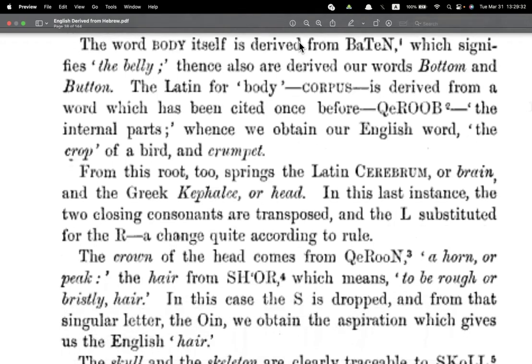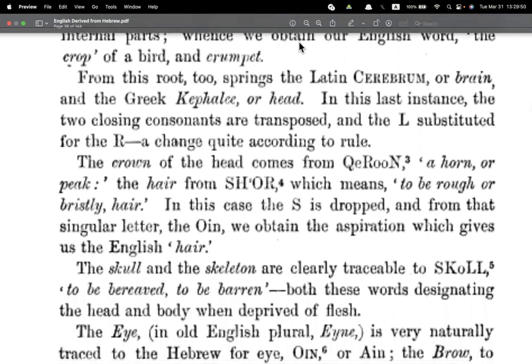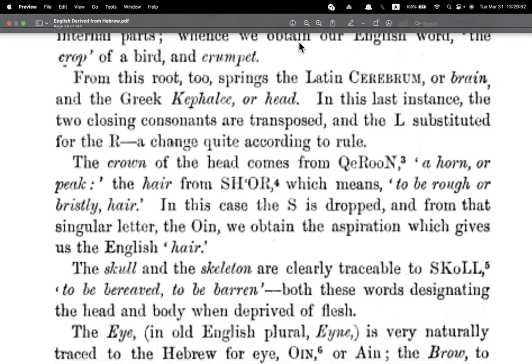The Latin for body, corpus, is derived from the word which has been cited once before, cherub, the internal parts, whence we obtain our English word, the crop of a bird and crumpet. From this root too springs the Latin cerebrum, or brain, and the Greek kephali, or head.